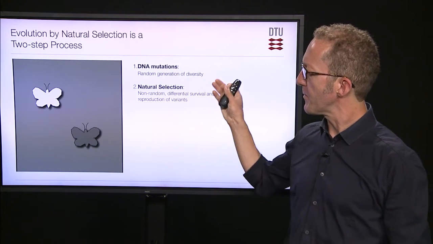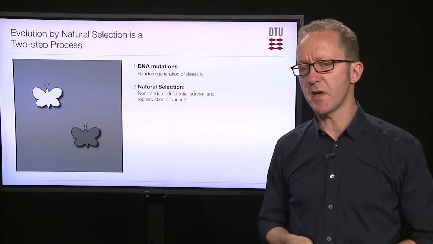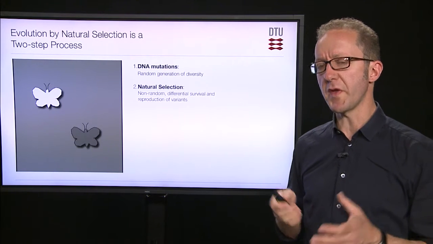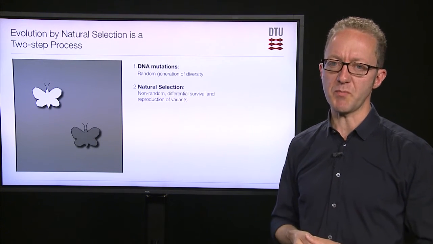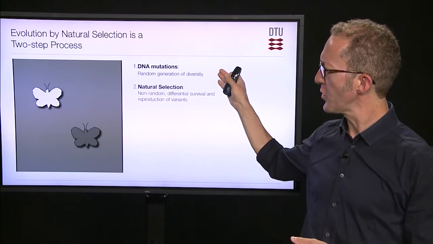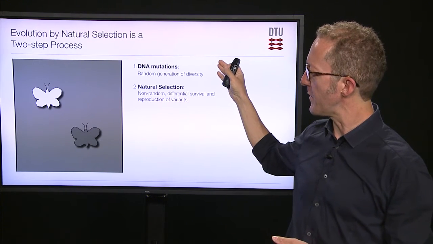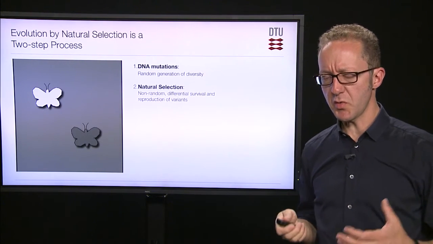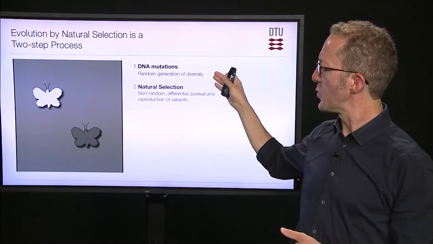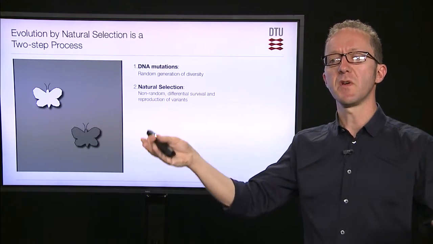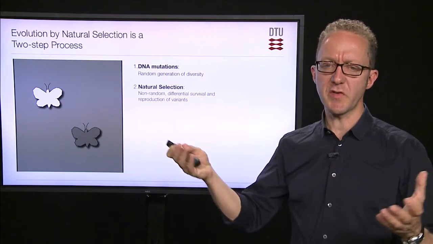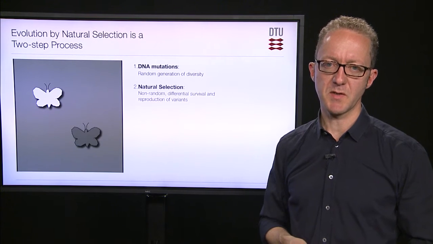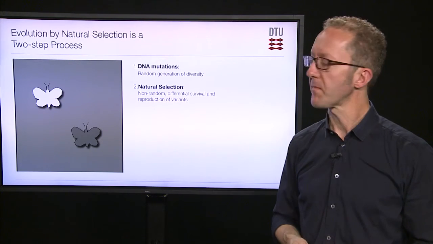So a good way to think of evolution is as a two-step process. First, you have a random step. DNA mutations, we now know, are what generate diversity, which forms all of these different characteristics within any given population of animals.